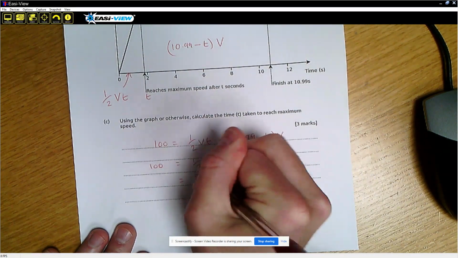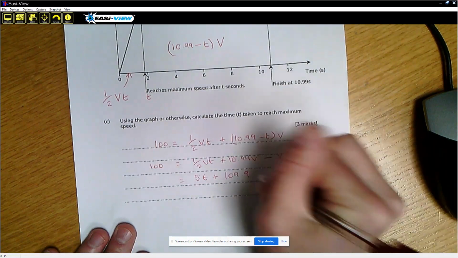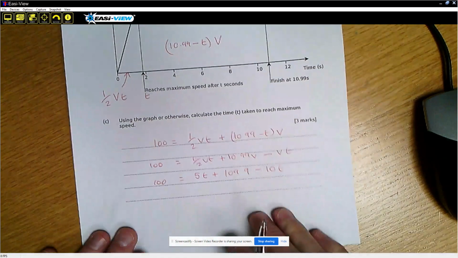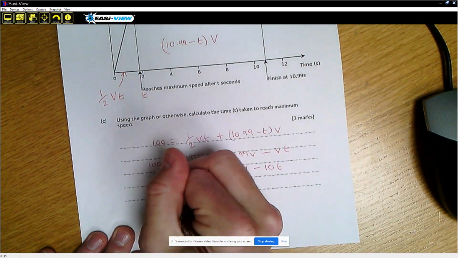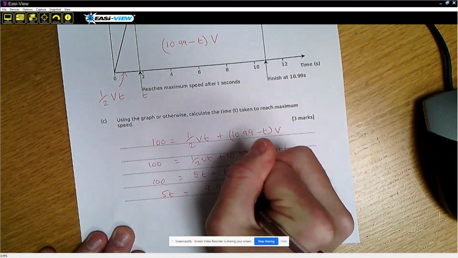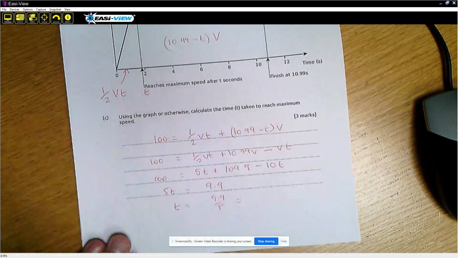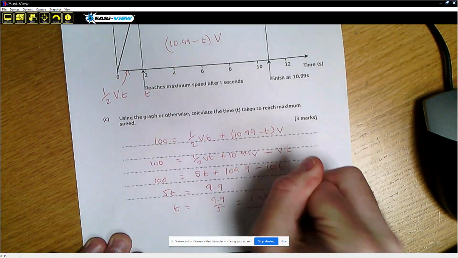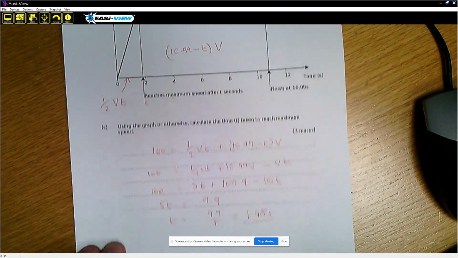So we get 5t plus 109.9, take away 10t, and then we just need to collect our terms. So we end up with 5t on this side is equal to 9.9, and then t is 9.9 over 5, which is 1.98 seconds. And as a check, because there's a bit of work for 3 marks, that is slightly less than 2 seconds.